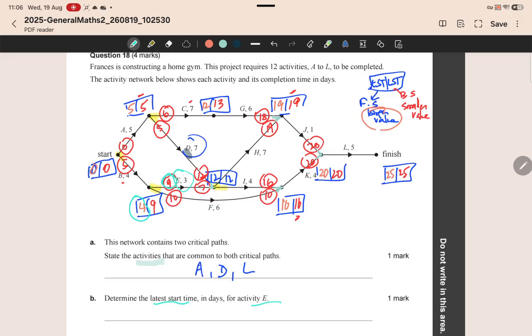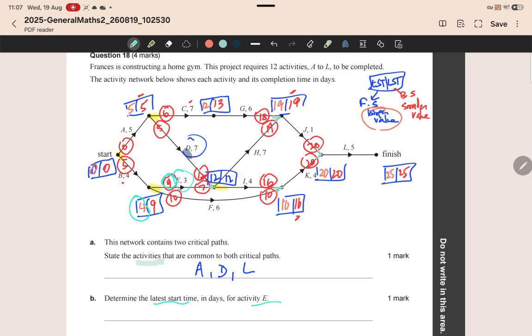And so, the latest start time is 9 days for activity E. And if you look at activity F, the latest start time is 10 days. That's the value that you got along the backward scan.